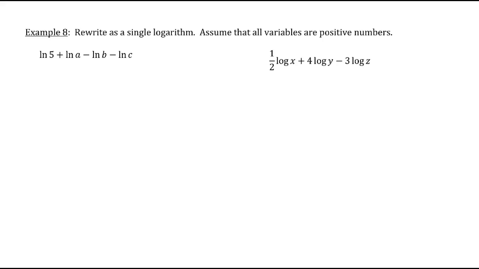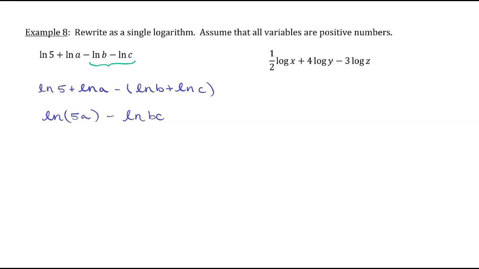Another way to think about this is to combine the last two terms and rewrite this expression as the natural log of 5 plus the natural log of a minus the natural log of b plus the natural log of c. Using the product rule with the natural log of 5 and the natural log of a, we have the natural log of 5 times a. And combining the natural log of b and the natural log of c, we have minus the natural log of b times c.